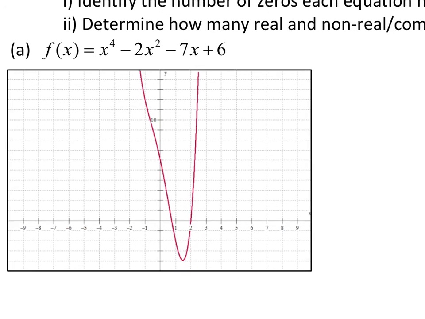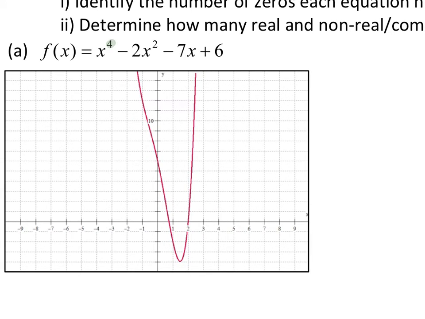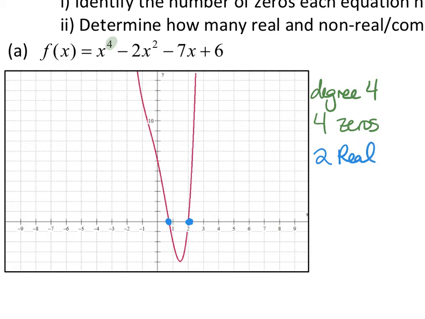Based on the fact that A has a degree of 4, we know that it should have 4 zeros. If you look at this graph, there are only 2 of the real zeros showing on the graph, here and there, because our zeros are our x-intercepts, which means if I know that there are 4 zeros of this function and I only see 2 real ones, therefore there are 2 imaginary solutions.